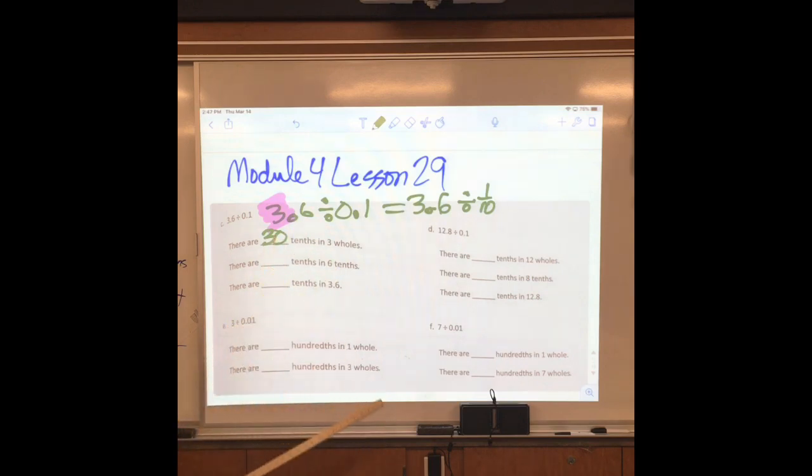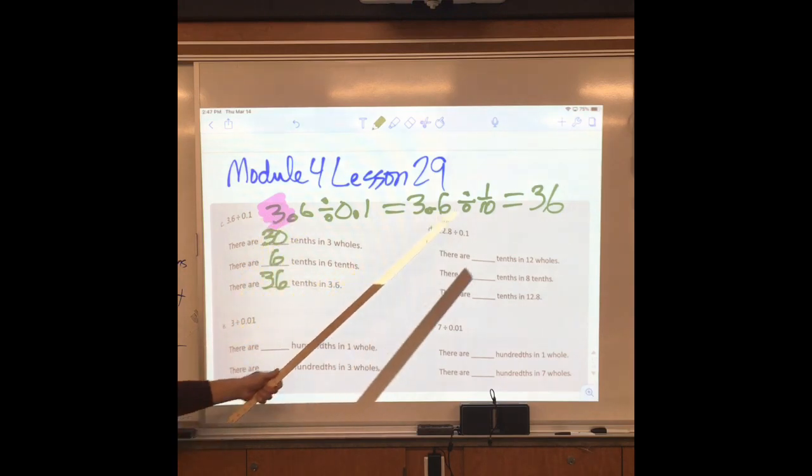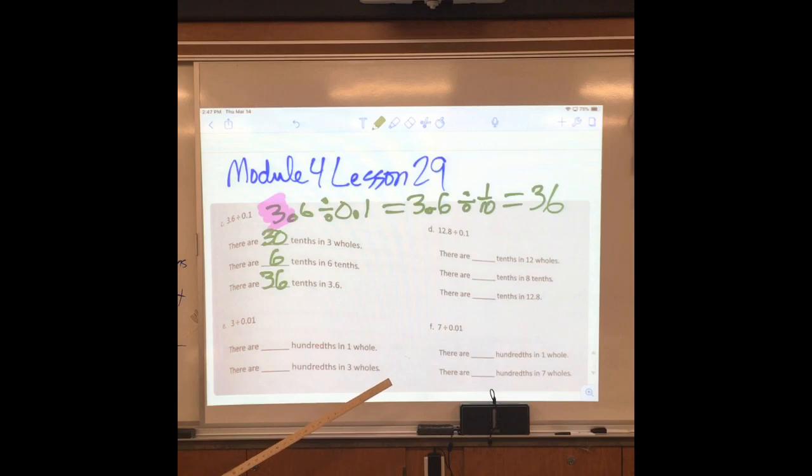Well, that's pretty easy. There's 6 tenths. So there are how many tenths in 3.6? 30 and 6 would make it 36 tenths in 3.6. There'd be 36 tenths. See how we got that 36?